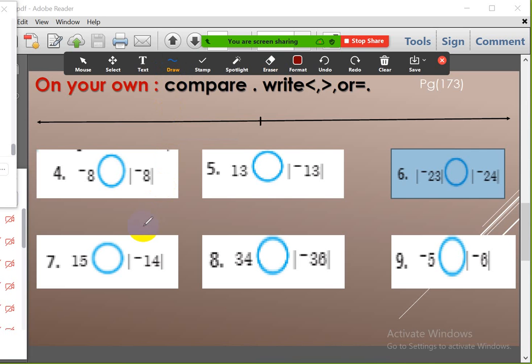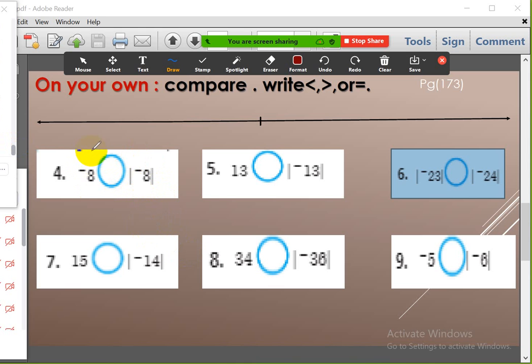I think on Tuesday we talked about it. So if I want to compare negative 8 and the absolute value for negative 8, which one is the greater and which one is the smaller?